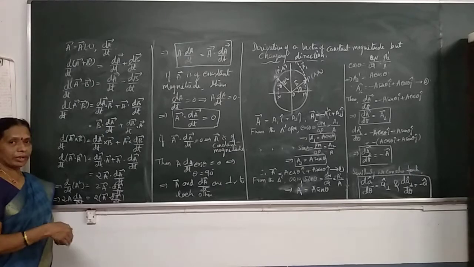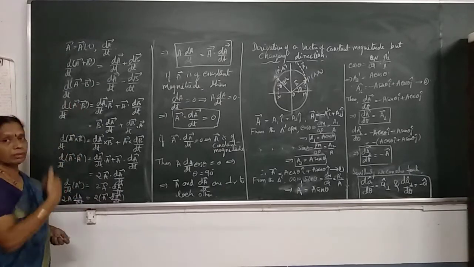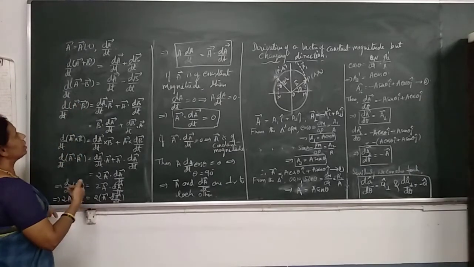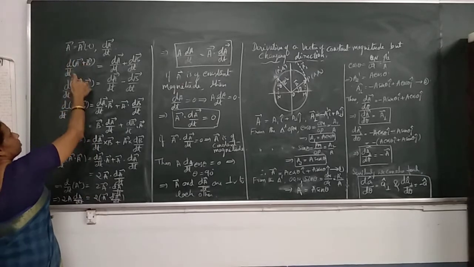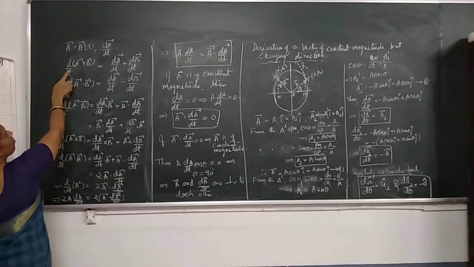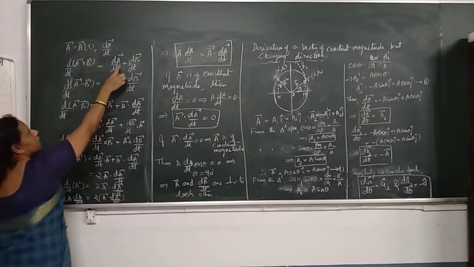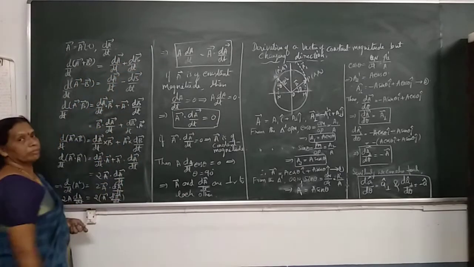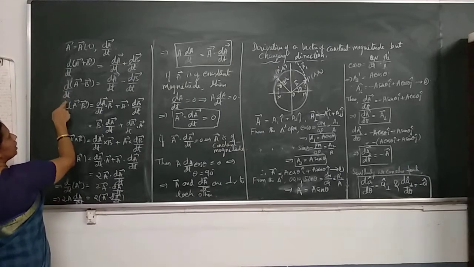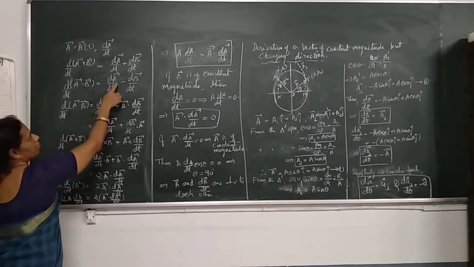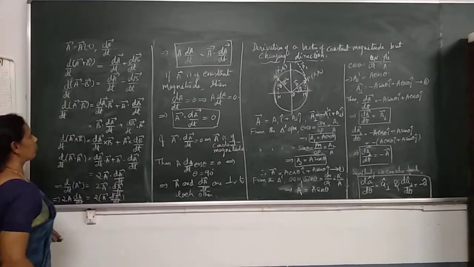of the derivative when you apply it to addition, subtraction and vector multiplication. See here, d by dt of a vector plus b vector is given by dA vector by dt plus db vector by dt. Similarly, d by dt of a minus b is dA by dt minus db by dt.